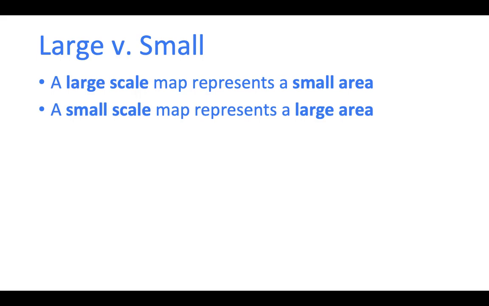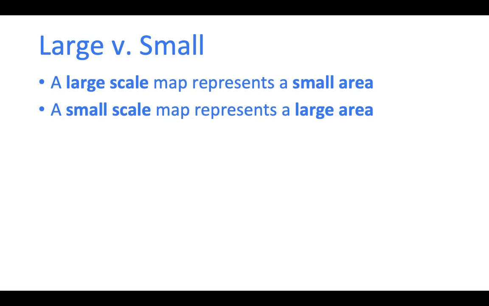Okay, another thing, we're playing around with scale. This is kind of a backwards deal, but we can have large scale maps or small scale maps. And it's kind of got this backwards concept, but it's logical. A large scale map represents a small area, okay? And a small scale map represents a large area.